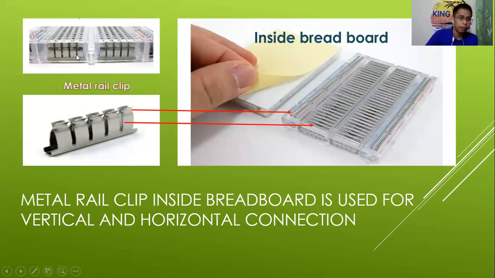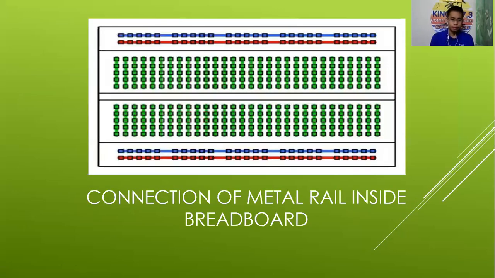Okay? But those going that way are not shorted. The only ones shorted going that way are the positive and negative. Okay? So this is the connection of the metal rail inside the breadboard.